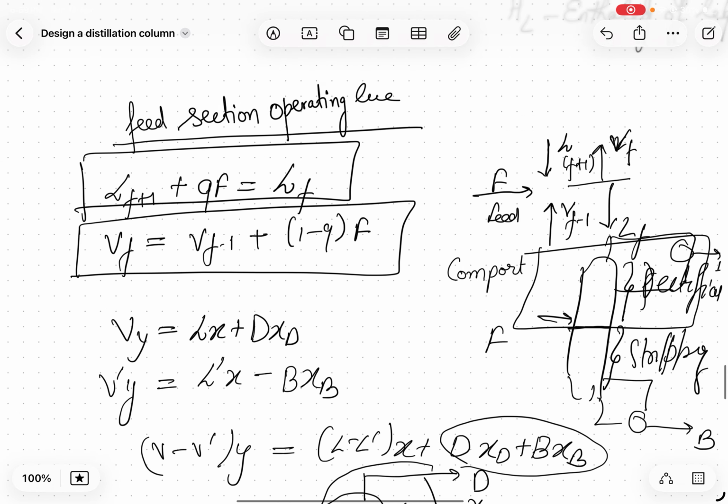L dash, which is leaving the feed section, is equal to Q. So L dash minus L, rearranging, is equal to QF.